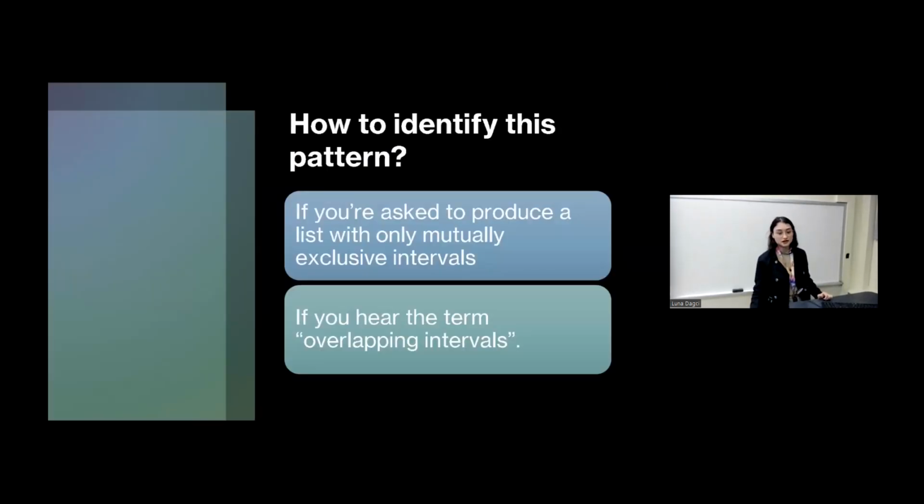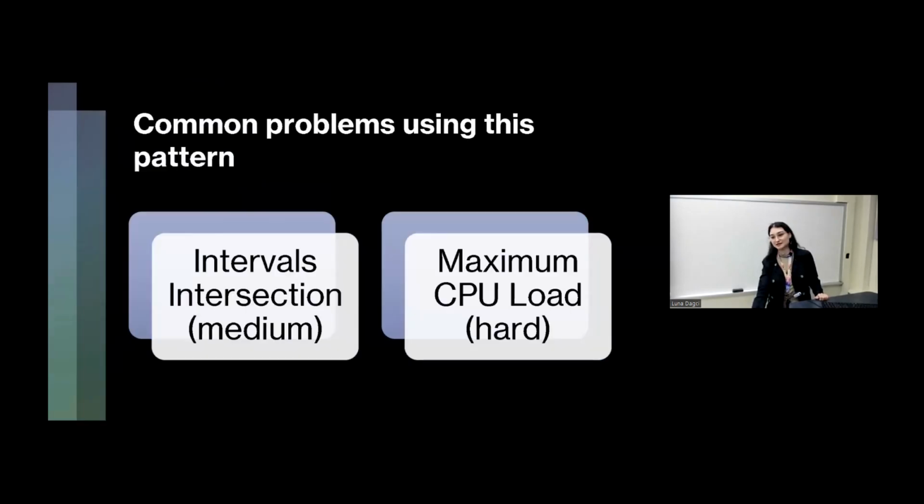The way to identify this pattern is you're asked to produce a list with only mutually exclusive intervals, and you hear the term overlapping intervals. So it's pretty simple to recognize this question, but the pattern might not be as easy as others.